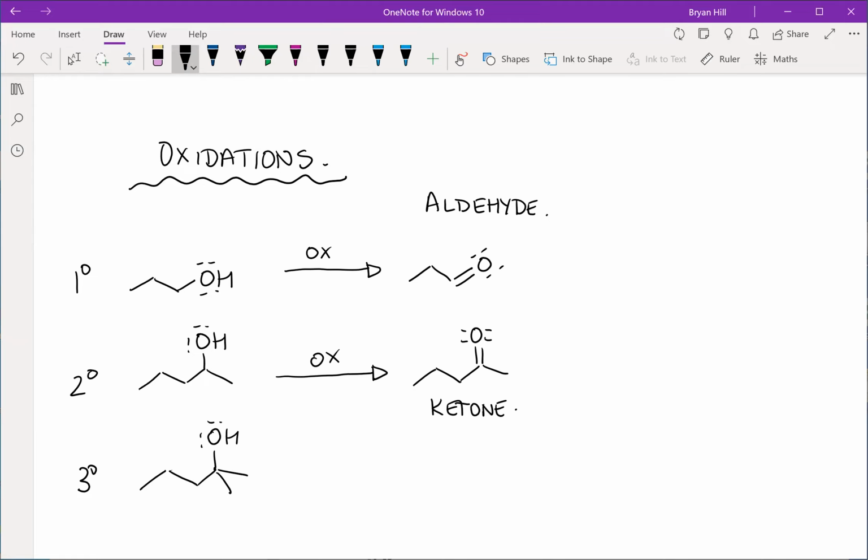So in an oxidation reaction, the carbon's losing a hydrogen and the oxygen's losing a hydrogen, at least for these first two. The aldehyde can actually be further oxidized to the carboxylic acid. So we can actually add another oxygen.